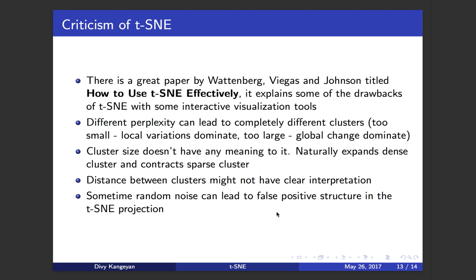And then finally, in this paper, they also mention that sometimes if you provide random noise as the data, t-SNE can lead to false positive structure, when in reality there is no structure in this random noise. So you have to be careful in how you use t-SNE, how you choose the parameters, and how you interpret whatever results you get.